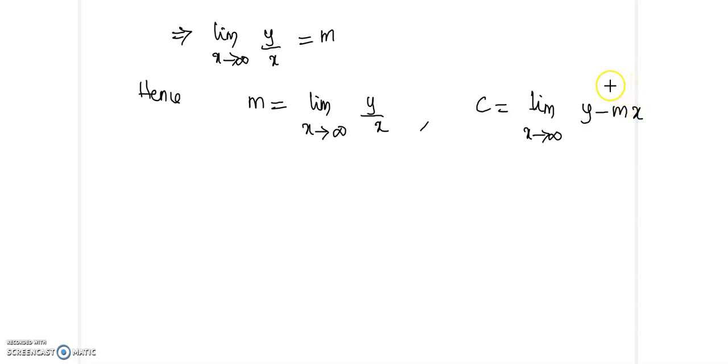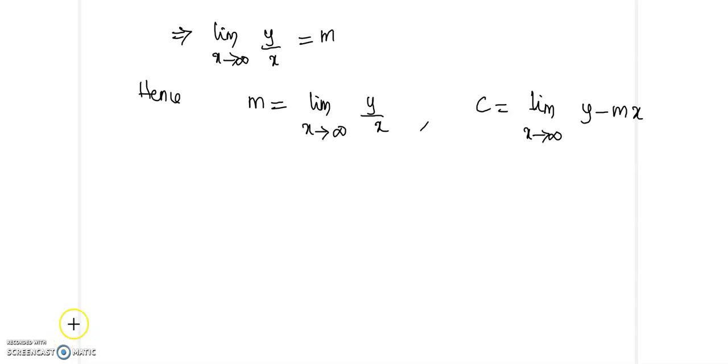So for determining the asymptote, we will be given curves, and we need to find the limit x tends to infinity of y by x, which will be equal to m, and once you obtain m, the value of c will be limit x tends to infinity of y minus mx. So this is how we find the asymptote which is not parallel to the x-axis.